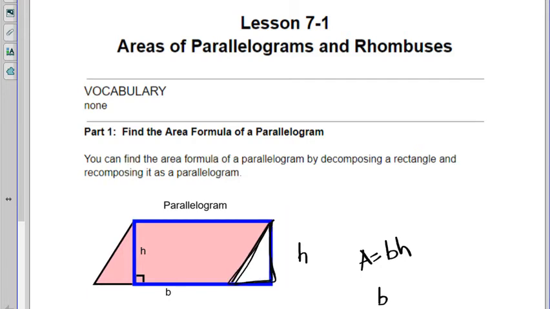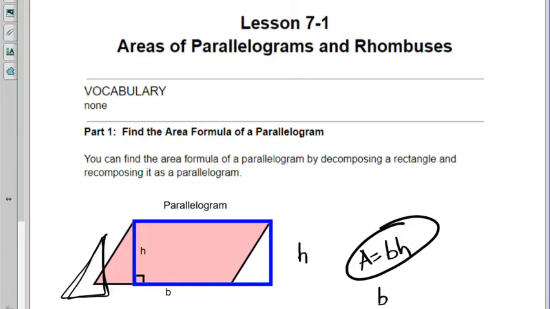And so, very simply put, the area of any parallelogram is just base times height. Doesn't matter whether that parallelogram has right angles and we call it a rectangle, or if the angles are not right angles and it's just plain old parallelogram. So there you go. The formula for a parallelogram is exactly the same as a rectangle.